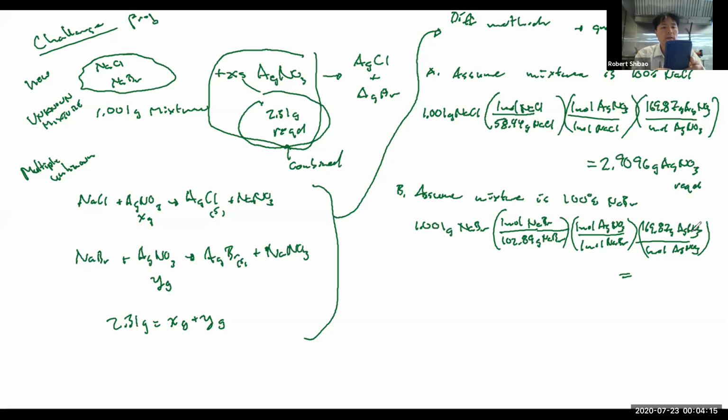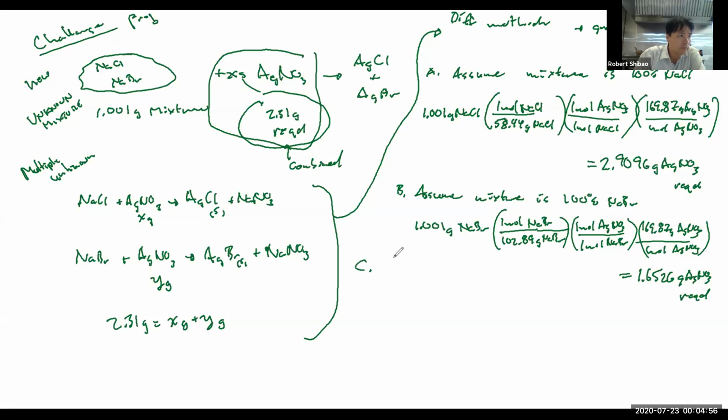So 1.001 divided by 102.89 times 169.87, 1.656. So if this mixture were 100% sodium bromide, it would only require 1.656 grams of silver nitrate. Well, we required 2.31, and so it cannot be 100% sodium bromide.